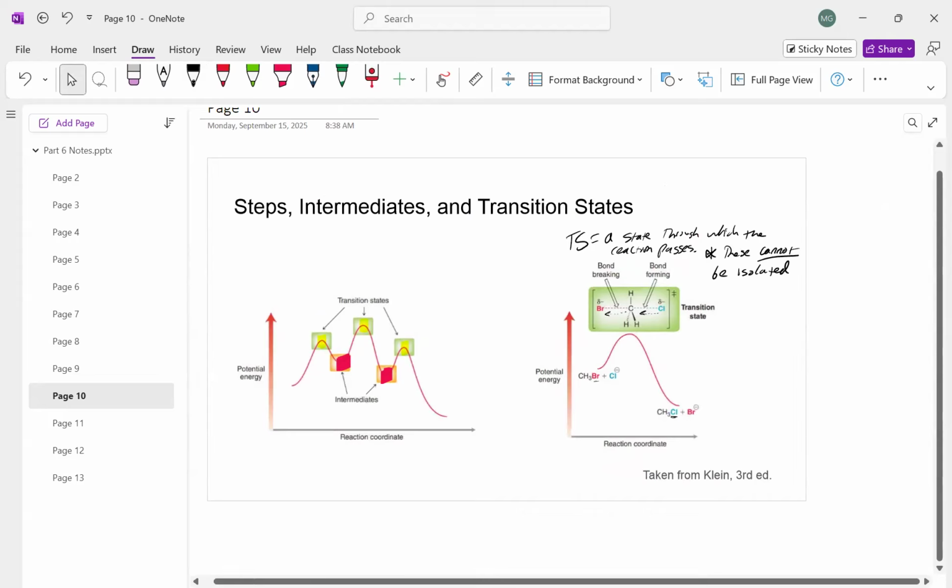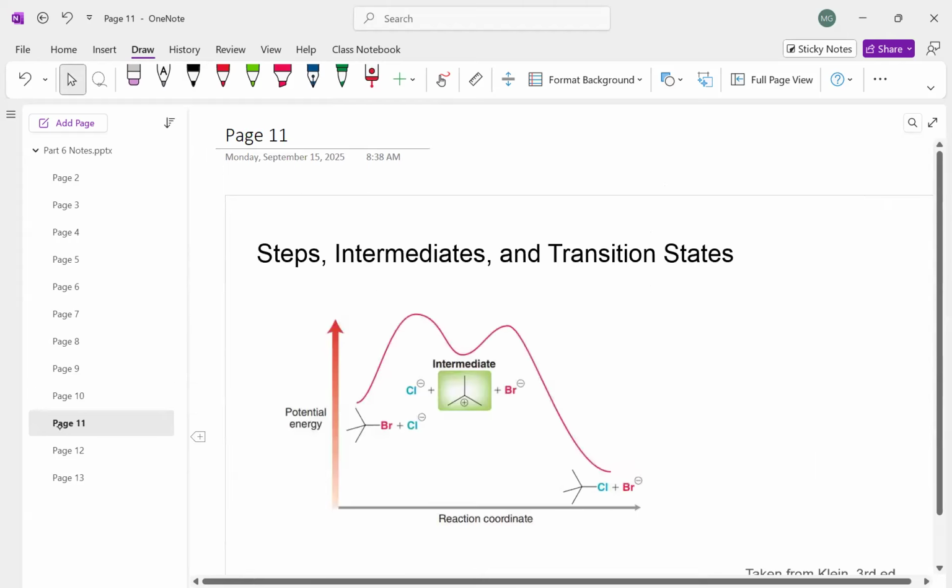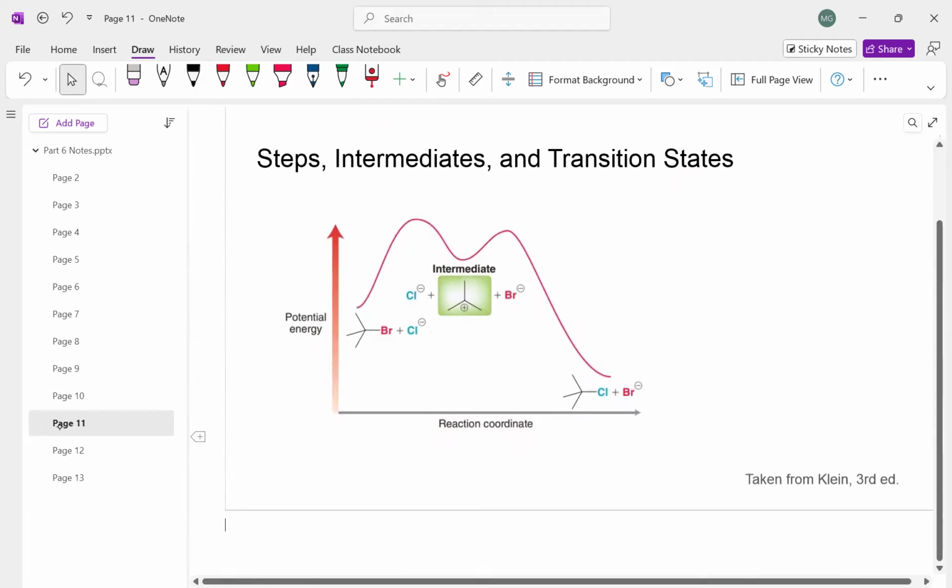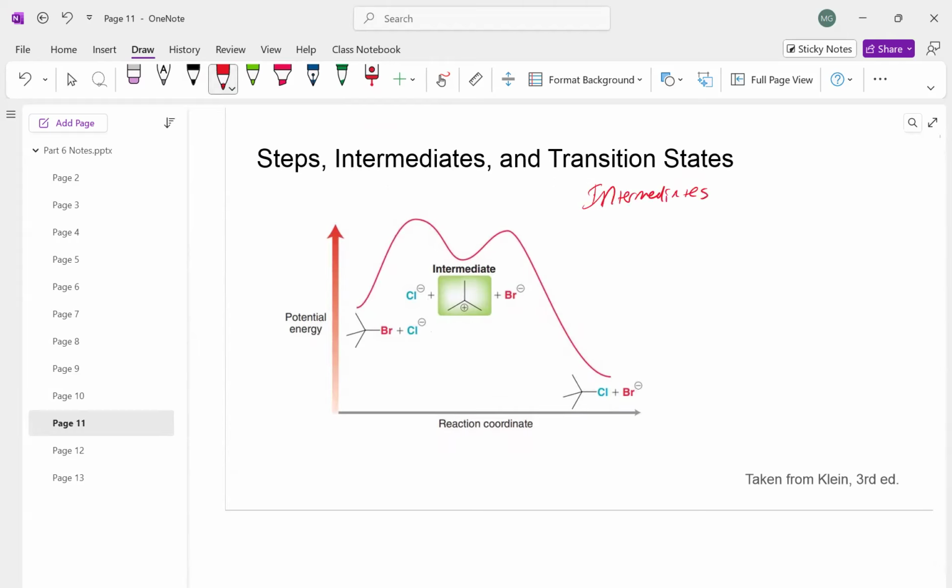Now, let's compare this to an intermediate. Intermediates have a certain but very, very short lifetime.